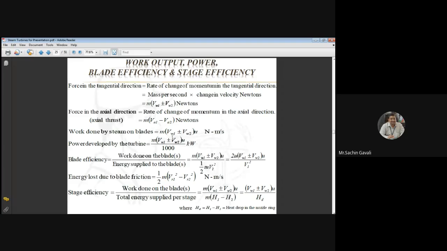So m into bracket Vw1 plus or minus Vw2 into U is nothing but newton meter per second. And it is called as, anybody? Newton meter per second.